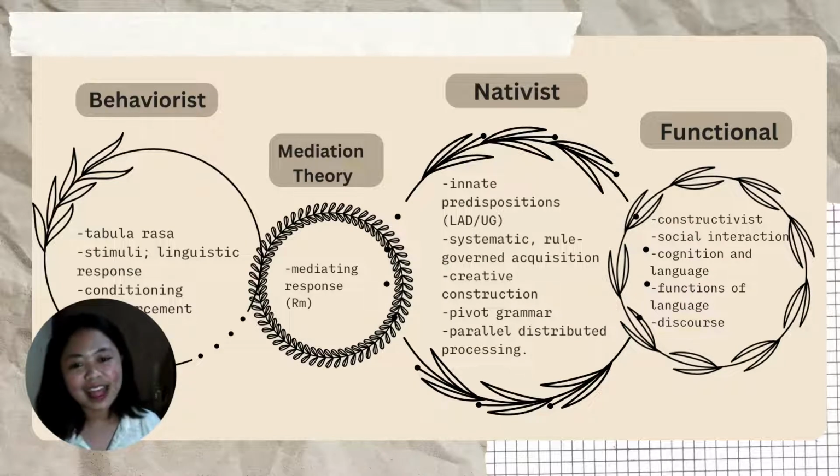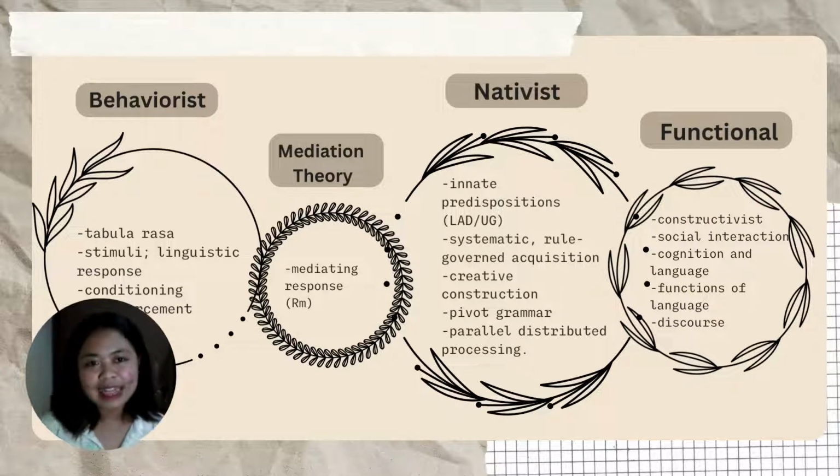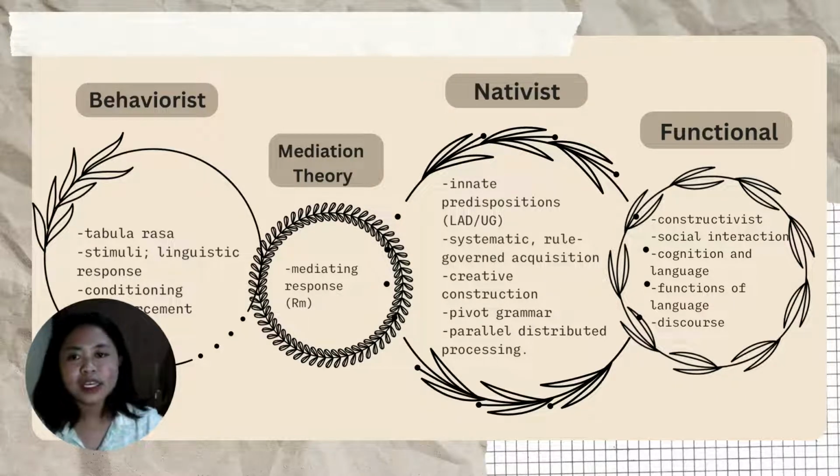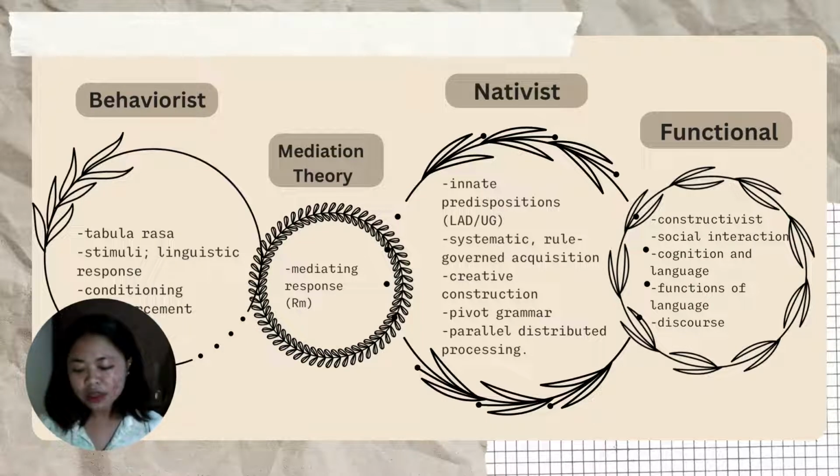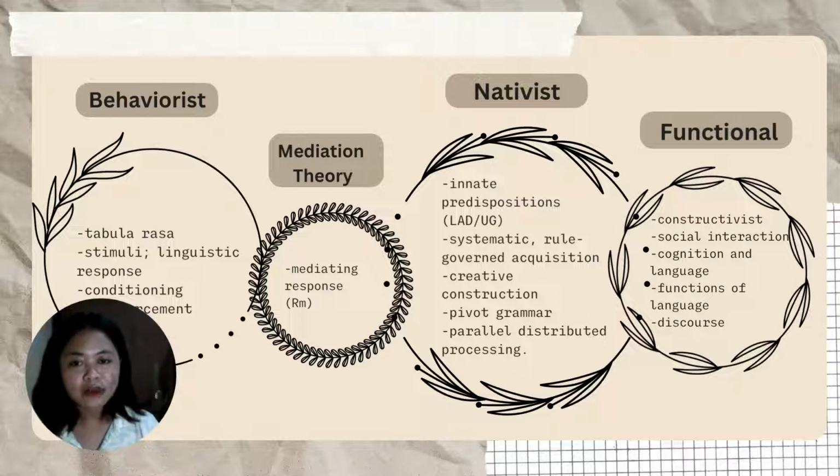Thank you, Jean. Now let's move on to our graphic organizer, where we discuss the behaviorist, mediation theory, nativist, and functional. Under the behaviorists, we have tabula rasa, stimulus linguistic response, conditioning, and reinforcement. Under mediation theory, we have mediating response.